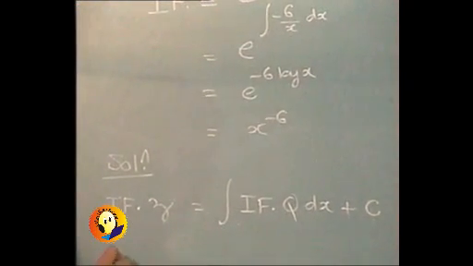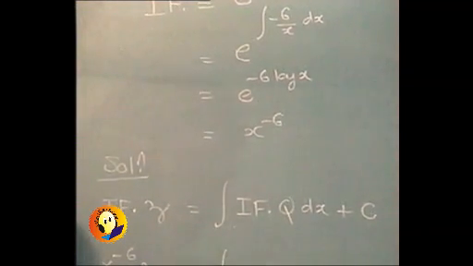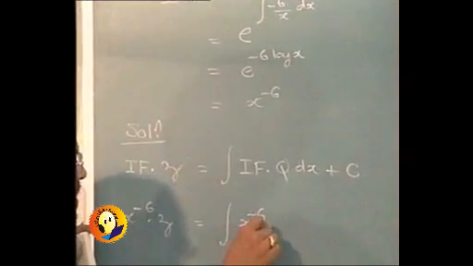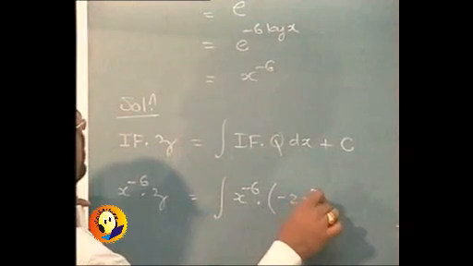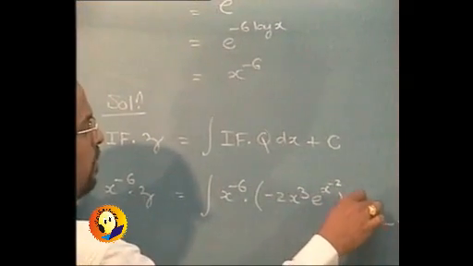So it will be x raised to minus 6 into z equal to integral IF is x raised to minus 6, q is minus 2 x cube e raised to x raised to minus 2 dx plus constant.